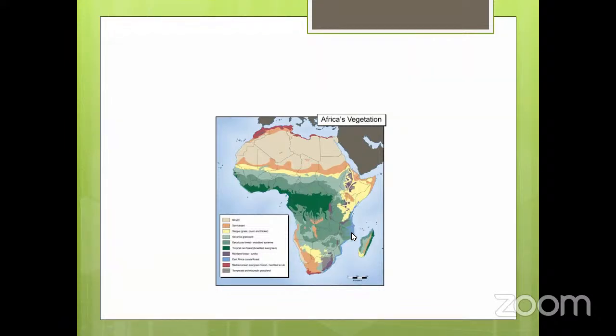This is another one they love asking. Mangrove forest. These ones grow along the coast. This is the East African coast and the West African coast. That is where you find mangrove vegetation. Unless there is any question. If you have not understood something about the map, you can ask.